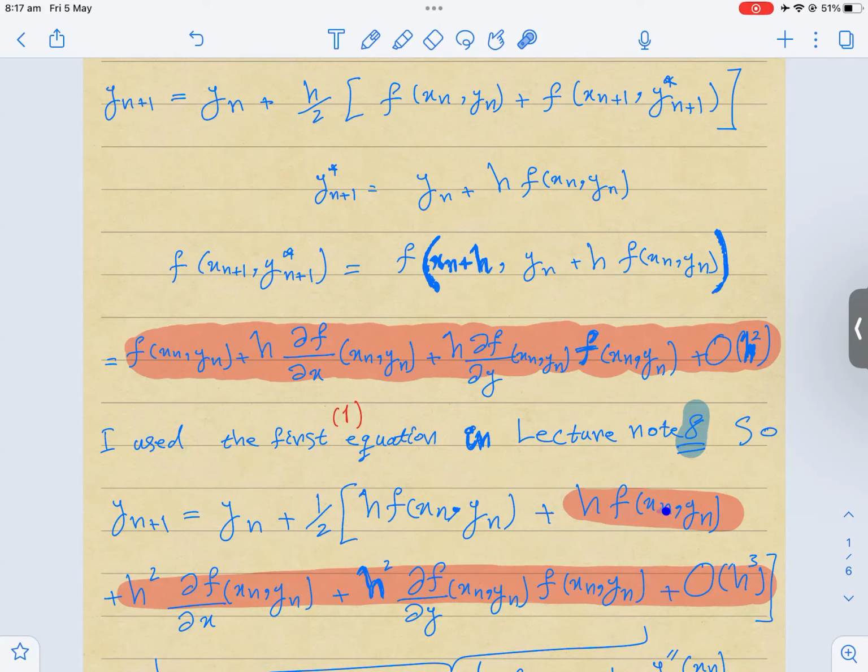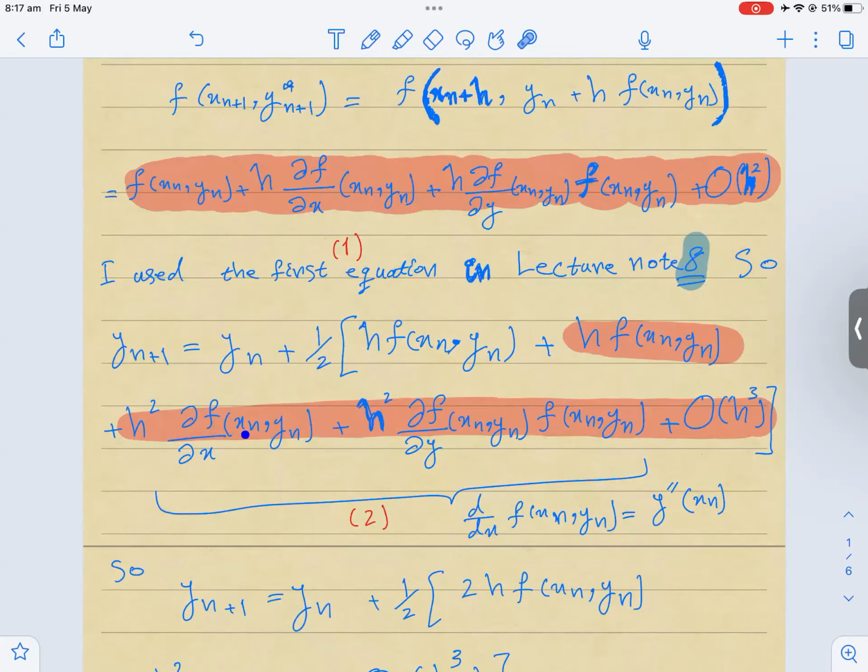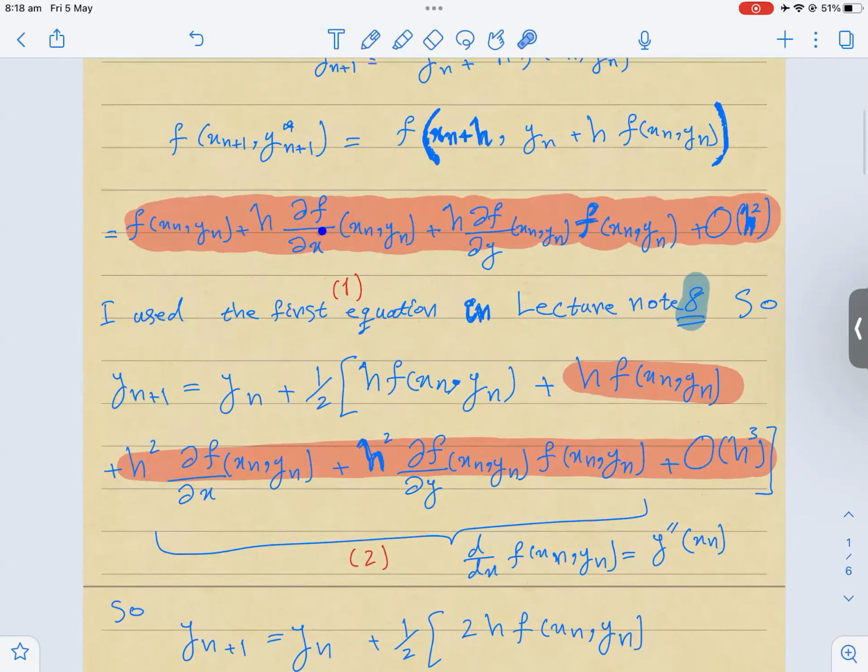H times f, which is the same as these two terms, h squared, again these terms, and O(h squared). If I multiply this O(h squared) by h, it will be big O of h cubed. O(h squared) is something times h squared; if I multiply it by h, it will be O(h cubed).